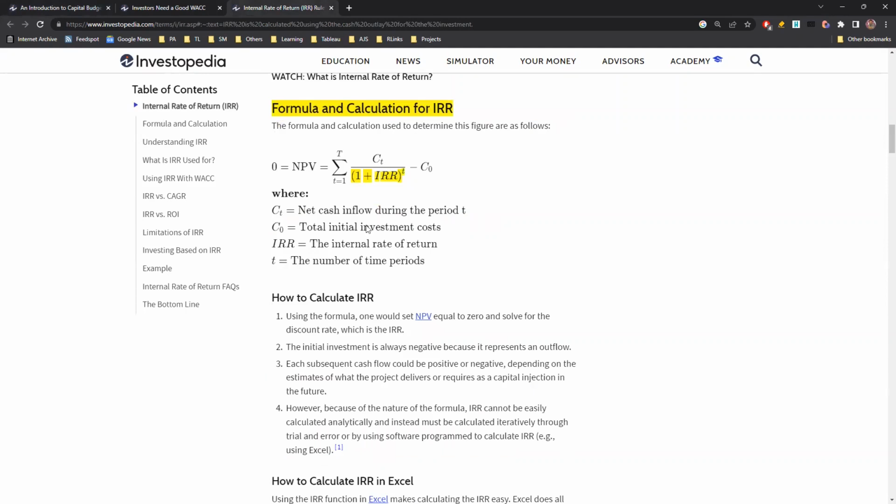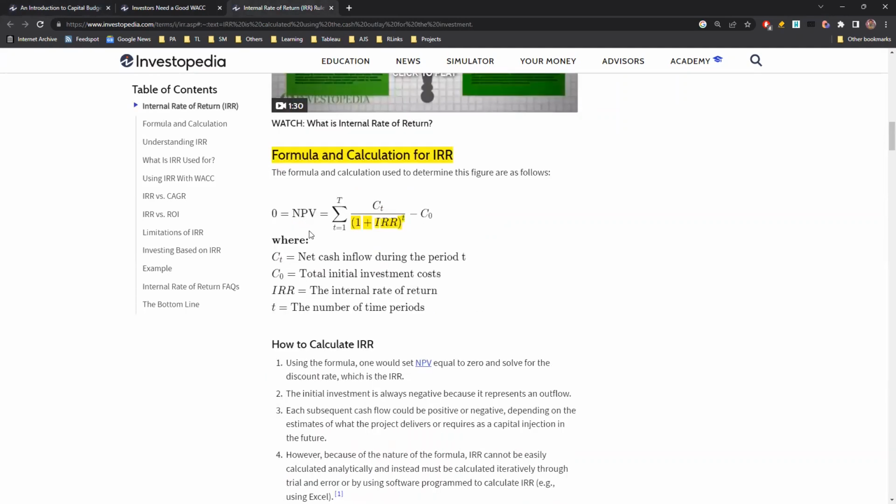So typically the formula will look something like this. This is on a similar basis, as we will use a similar concept in NPV as well, but we'll discuss that at a later time. What we have here is C0, the initial investment that we made, $1 million, and CT is the money that we make at the end of each period. In this case, 300,000 at the end of every year.